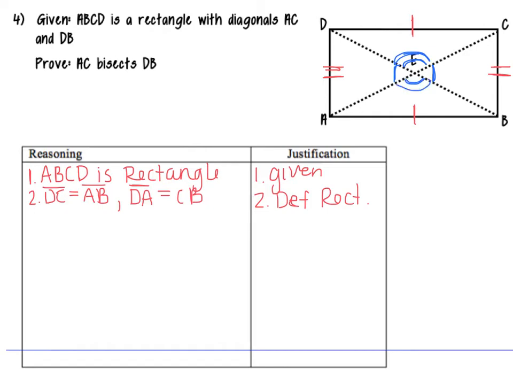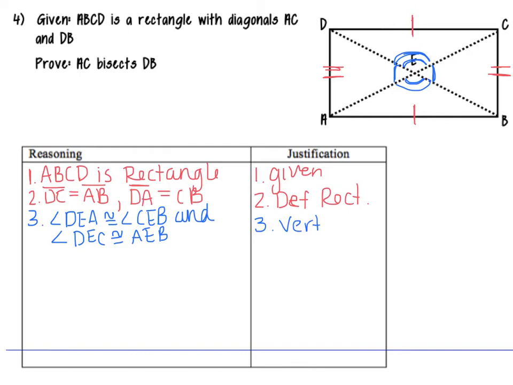So I'm going to say that angle DEA is congruent to angle CEB, and angle DEC is congruent to AEB. And I can say that according to vertical angles.